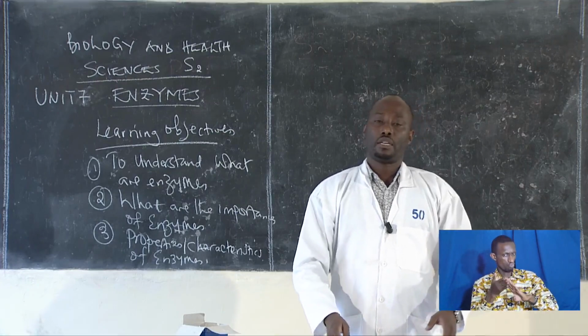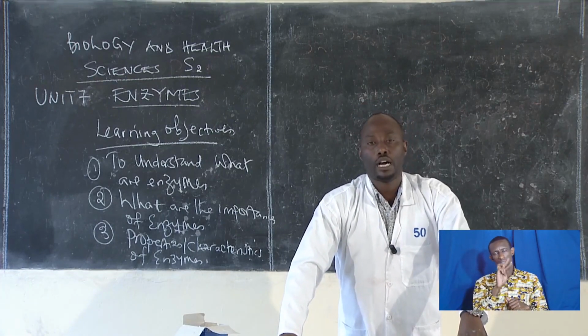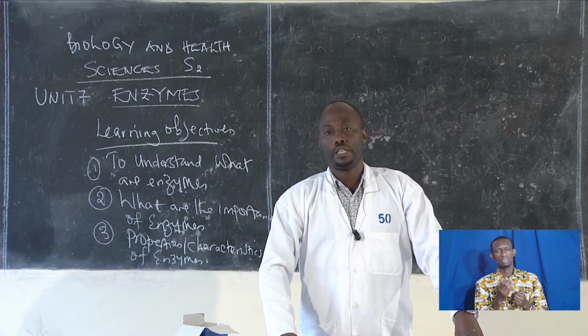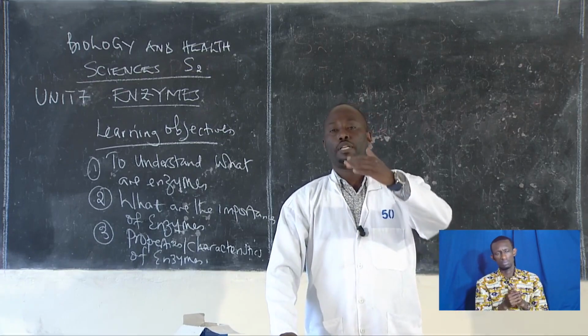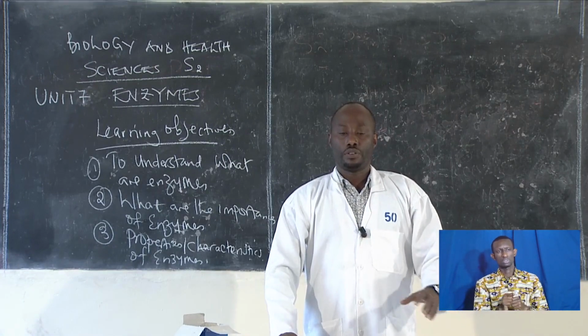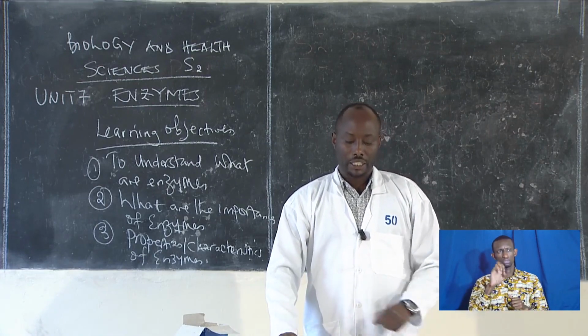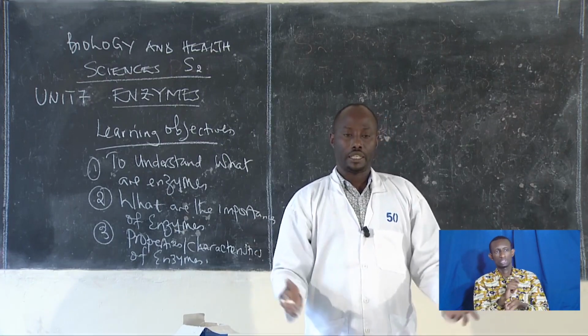By definition, enzymes are biological catalysts, which are protein in nature. If I say protein in nature, specifically I mean they are globular proteins, and they can speed up the rate of chemical reactions or slow down the rate of reactions, but they remain unchanged at the end of the reaction.